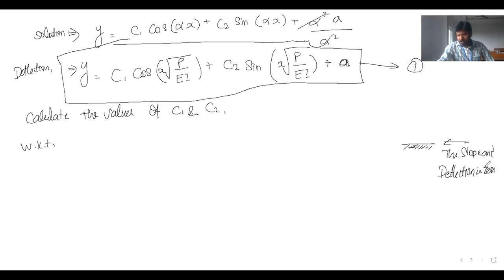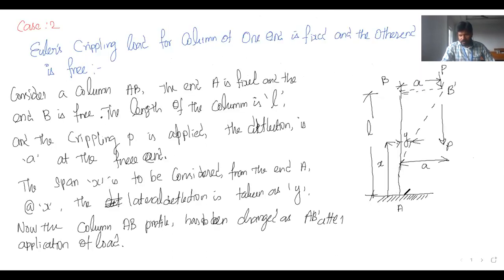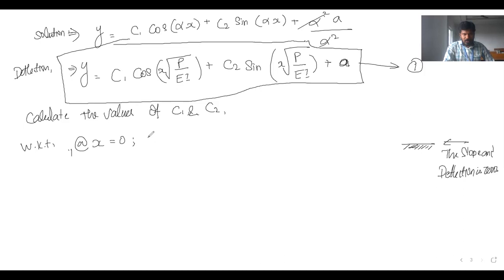So first we should consider that at x is equal to 0, with respect to the previous figure, the deflection y is equal to 0 and the slope dy by dx is equal to 0. So we are going to substitute this to find the values of C1 and C2. At x equal to 0, y is equal to 0.